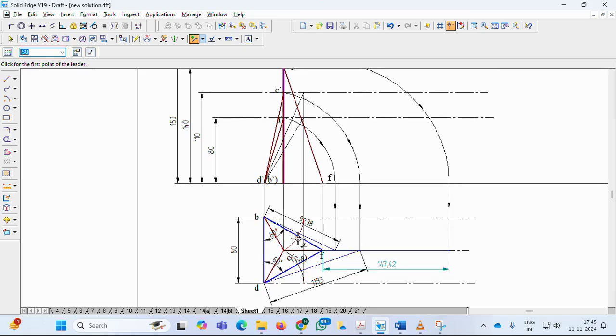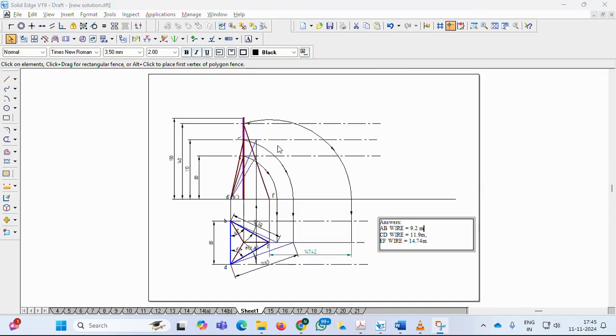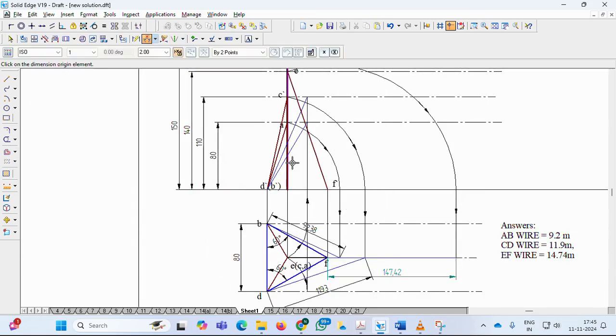Next, okay, so just change the colors. Angle between, so this and this 60, this and this, and again this and this, so 72.